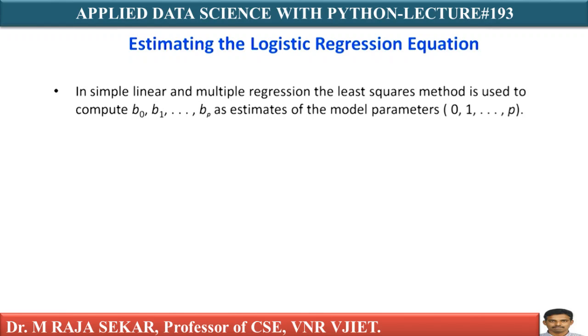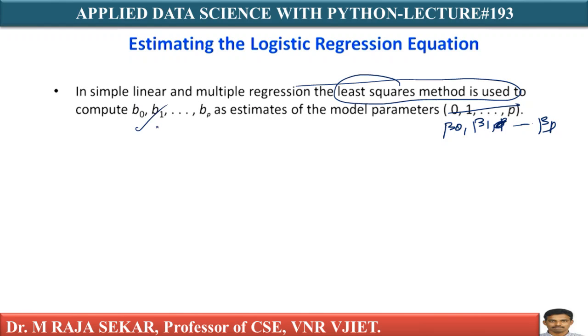In simple linear and multiple regression, the least square method is used to compute b0, b1, and so on, bp, as the estimate of the model parameters beta naught, beta 1, and so on, beta p.